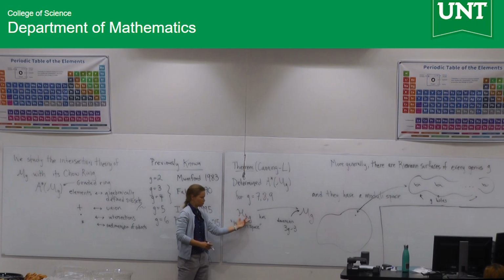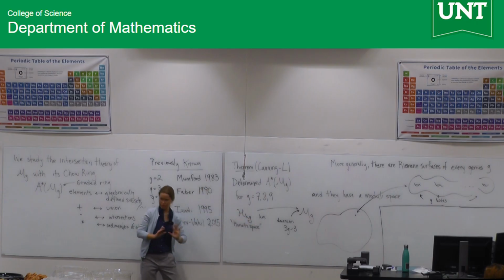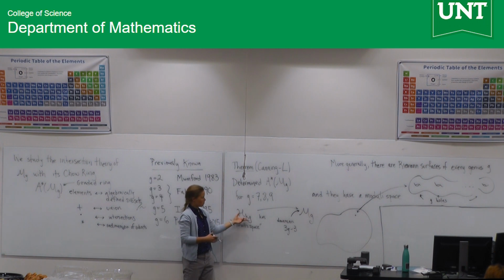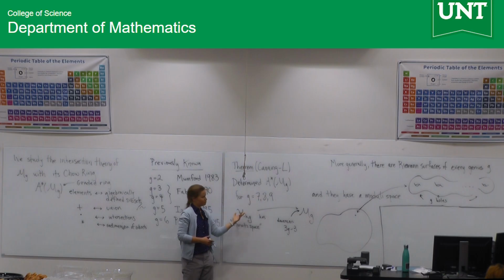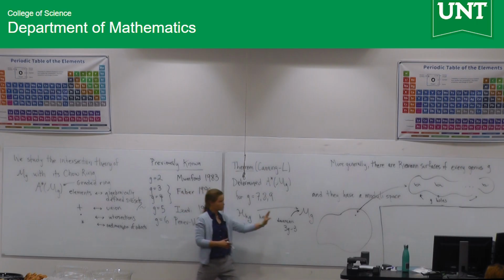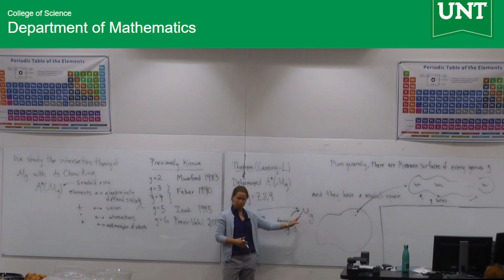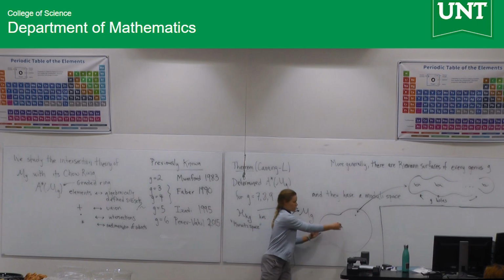This is a space that has two parameters, k and g. We understood it when k was small, and these help us understand basically all of the curves in genus 7, 8, and 9. But then it runs out in genus 10. There's still a map from this Hurwitz space to M10, but it lands inside of some smaller dimensional subset.